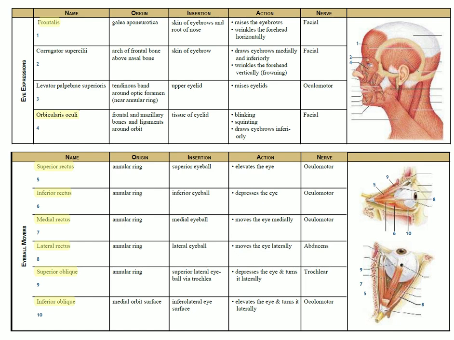It moves or pulls the eye towards the nose. So medially, right? Medial rectus. And then the lateral rectus does the opposite of that. It's the outside of the eye, and it spins the eye away from the nose. So it lets you look laterally, moves the eye laterally. And that one, number 8, is right there.